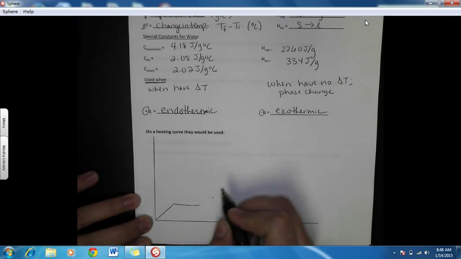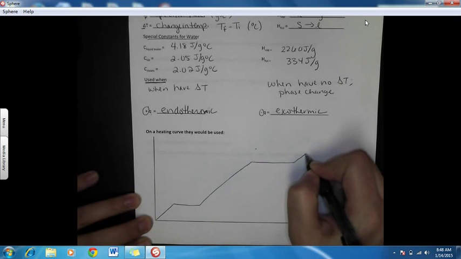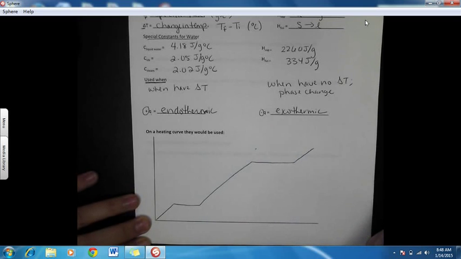So let's look at a heating curve again. If you recall, we start as a solid, and then we melt, and then we have liquid, and we change the temperature of liquid until it will boil, and then we would have gas or steam if we're talking about water.